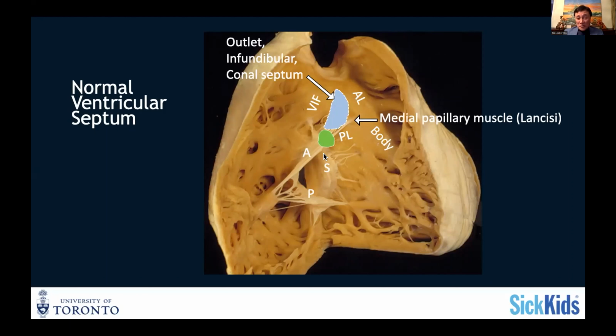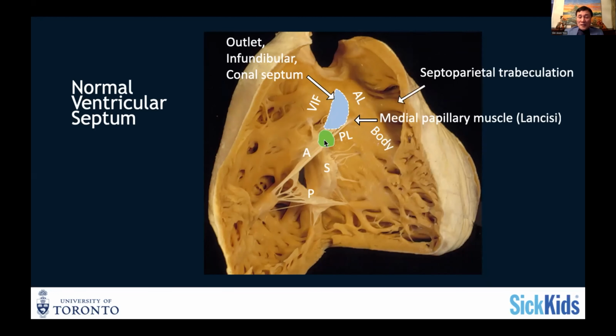So if you understand the distinctive location of the membranous septum, if you identify the septal leaflet and the medial papillary muscle of Lancisi, then you can easily identify where the membranous septum should be.